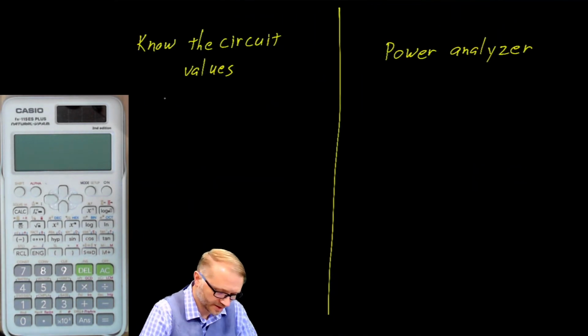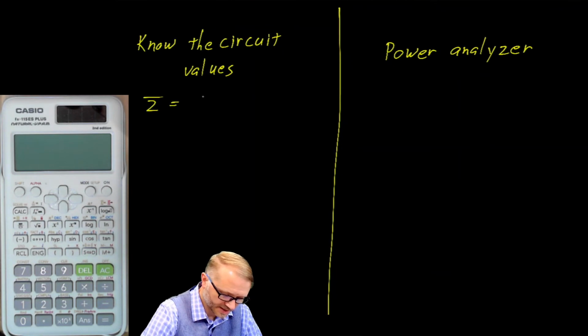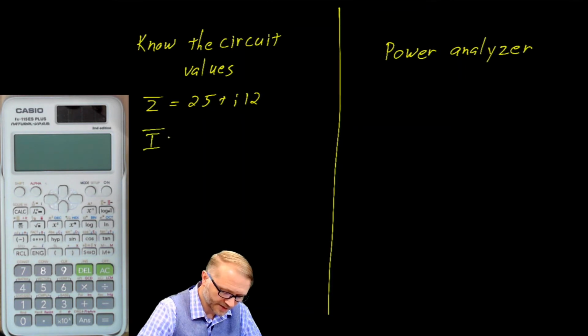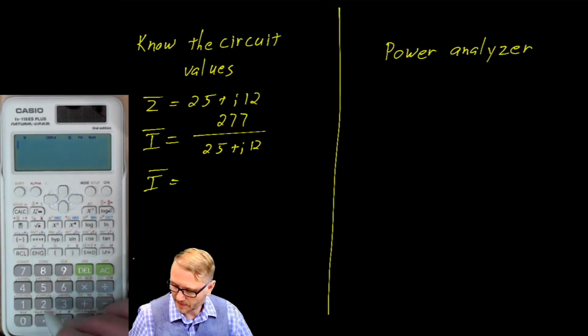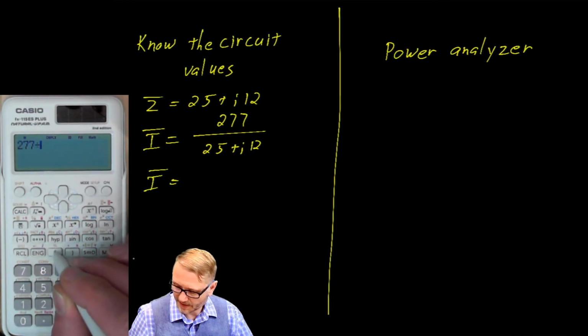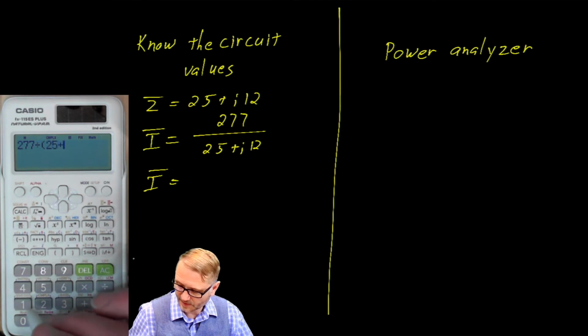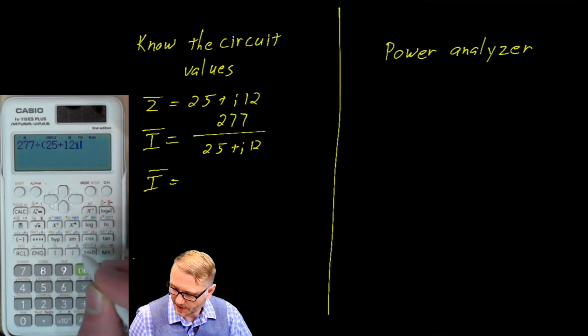So we come down here. The impedance is 25 plus J12. We can measure or calculate the current as 277 over 25 plus J12. That gives a current of 277 divided by 25 plus 12J.